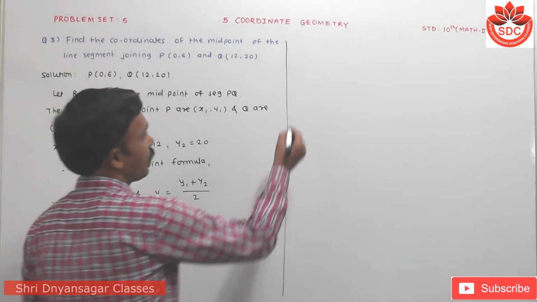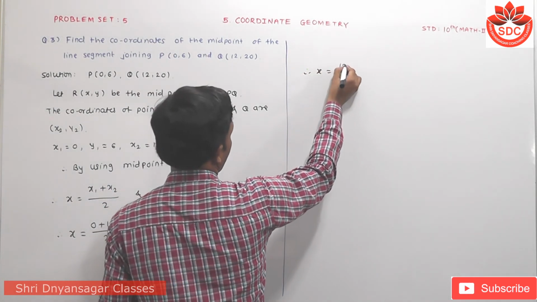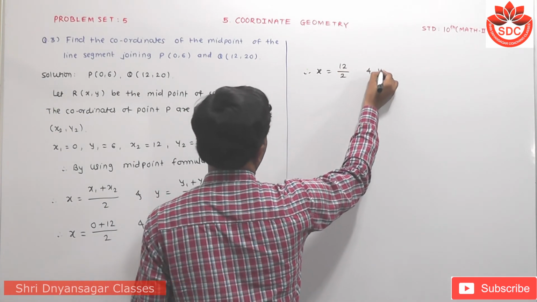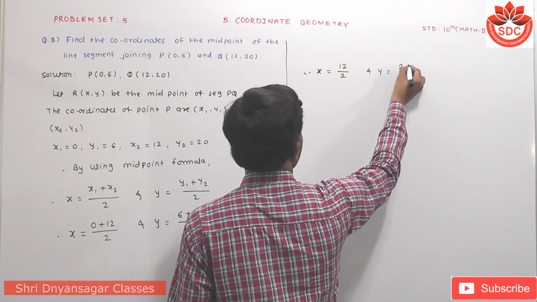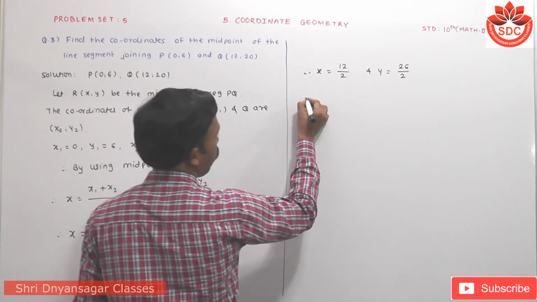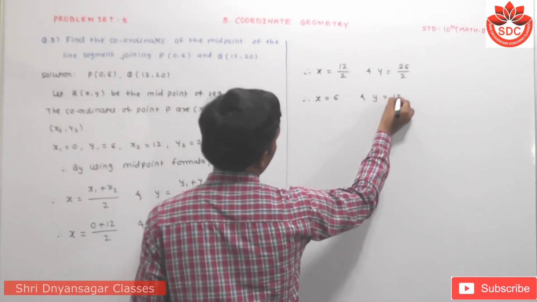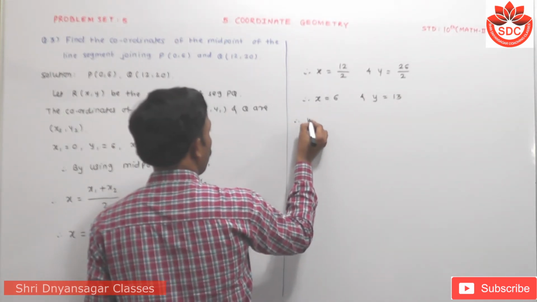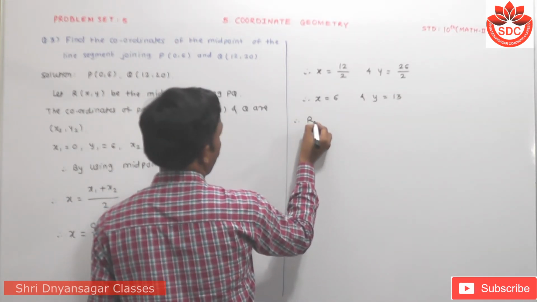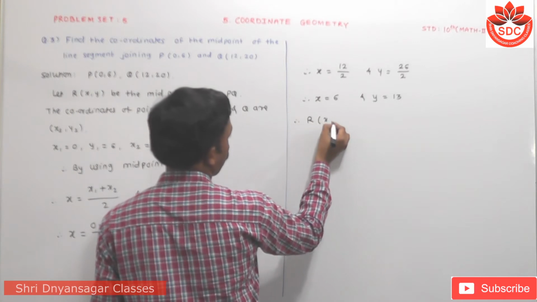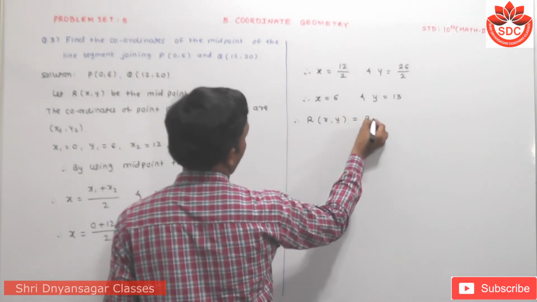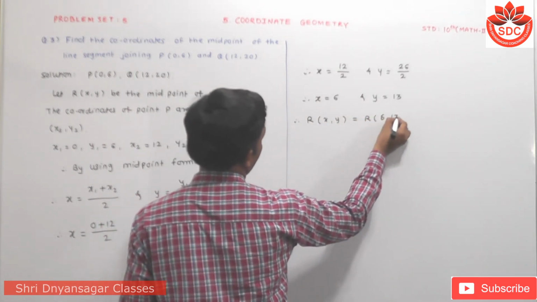Then this addition gives x is equal to 12 upon 2 and y is equal to 26 upon 2. When we simplify it, x is equal to 6 and y is equal to 13. Therefore R having coordinates x, y is R(6, 13).